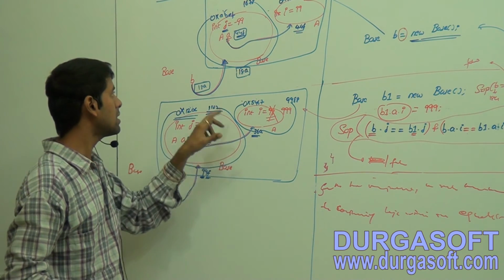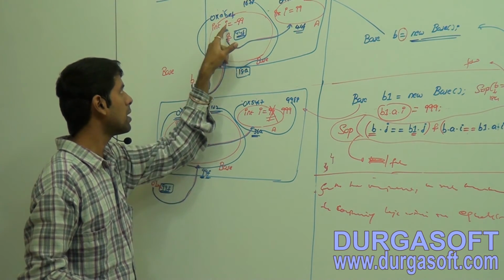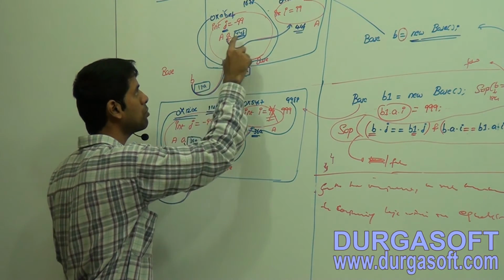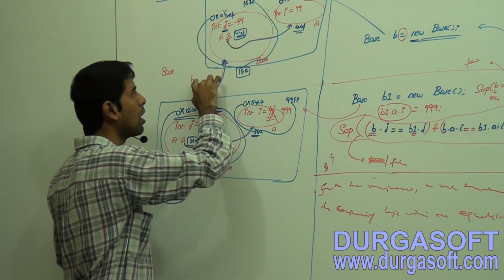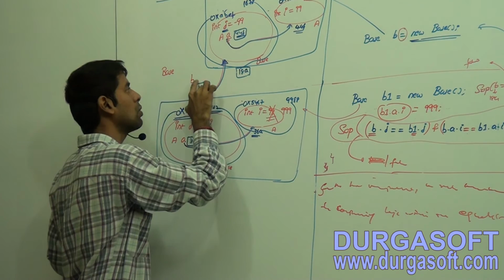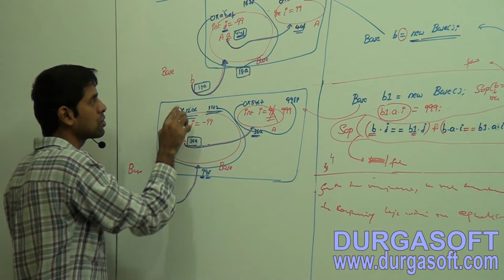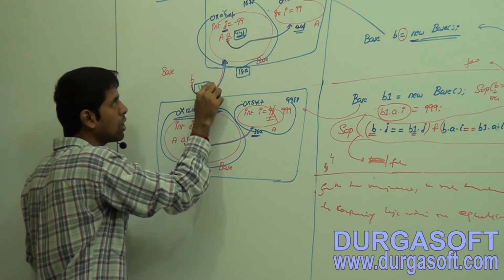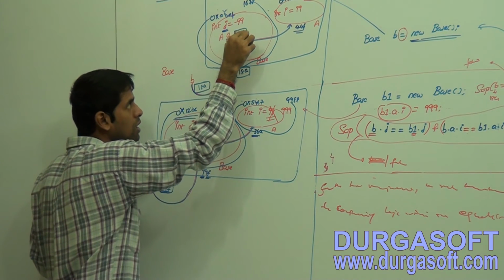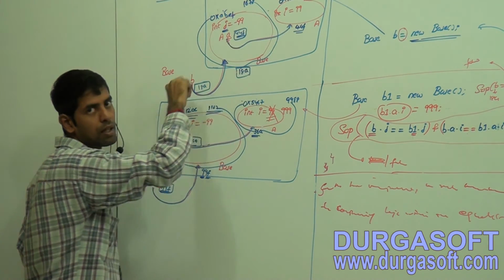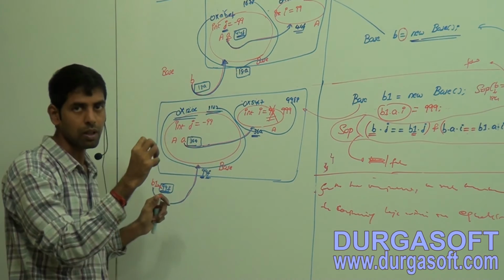If I access this object's primitive variable, how can I reach this place? Through the dot operator, by using this address 18a dot 44f dot this variable, I can access the primitive variables.